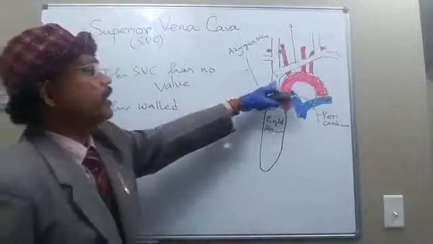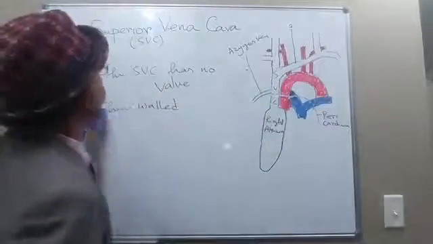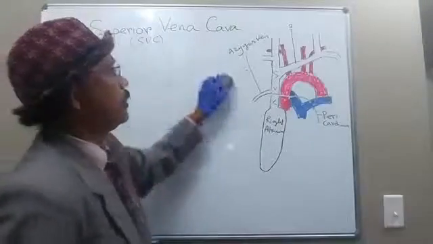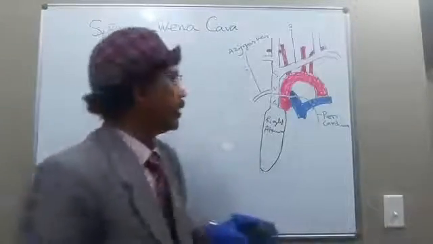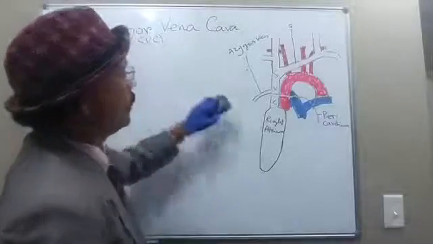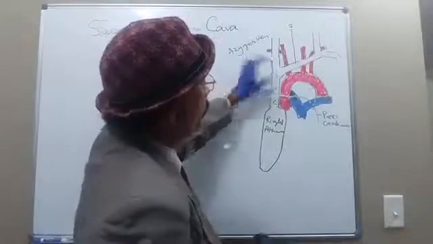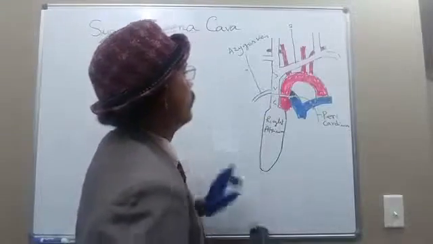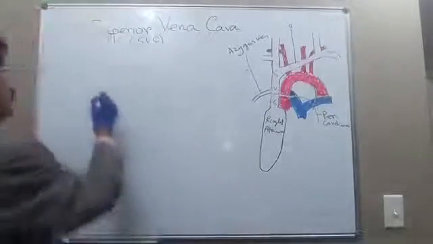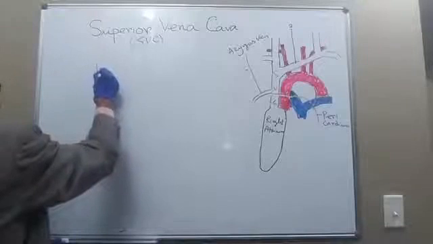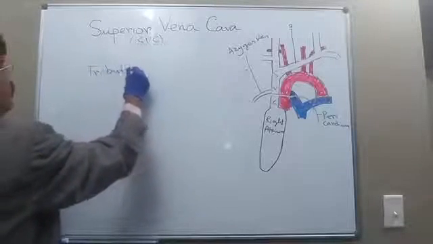The superior vena cava is a part of the superior mediastinum and a part of the middle mediastinum. What are the tributaries of the superior vena cava?